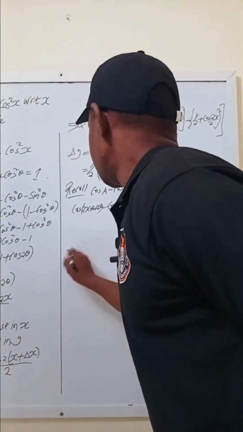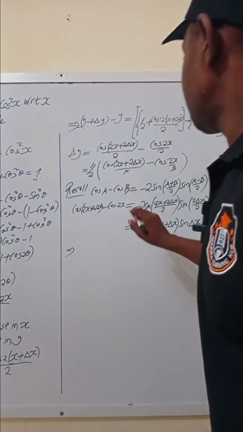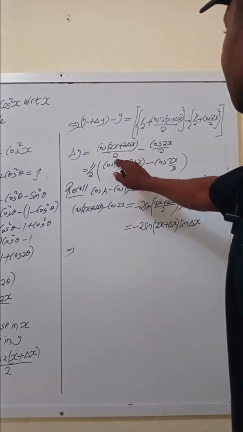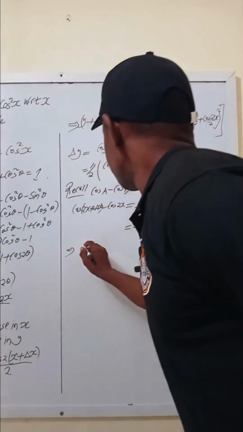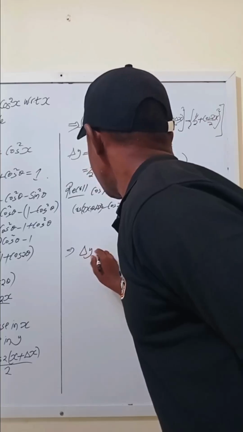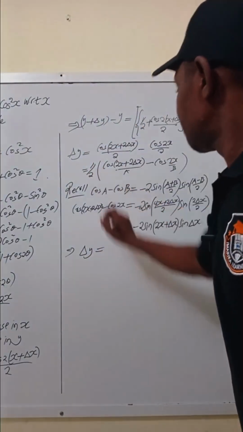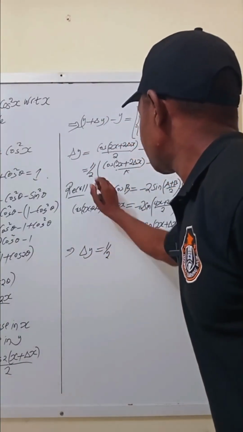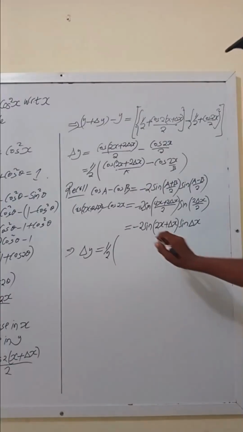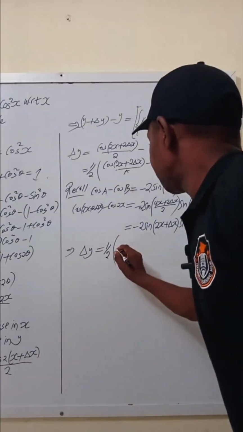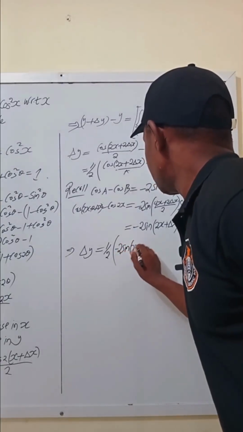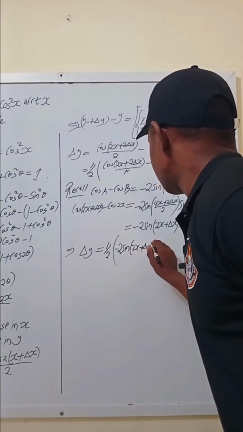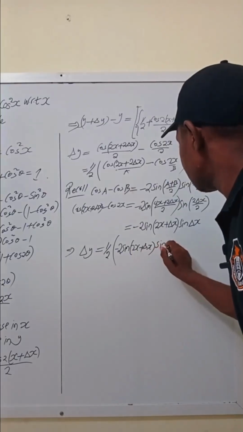So this implies that, remember, the whole of this one was equal to delta y. So we shall say our delta y is equal to, first of all, there's this a half outside, then into the bracket, this is what we got. I mean negative 2, then sine, into bracket 2x plus delta x, then sine delta x.